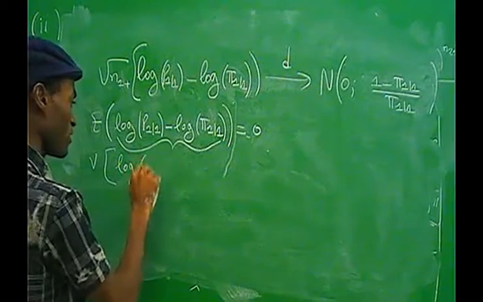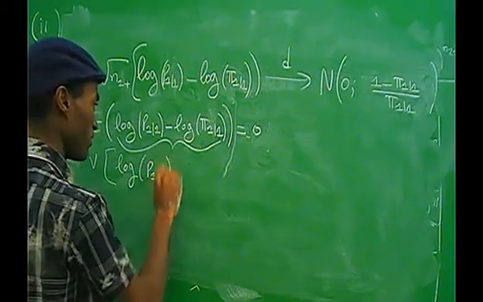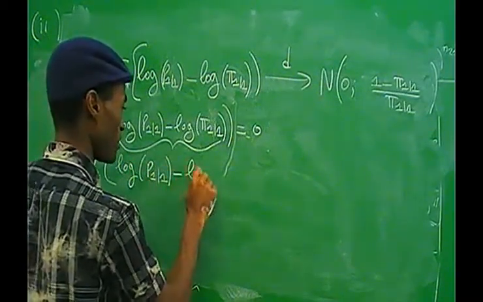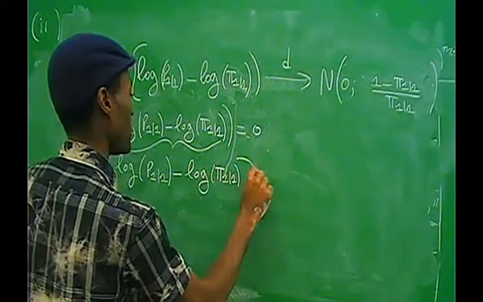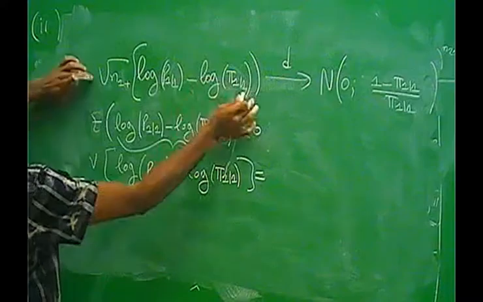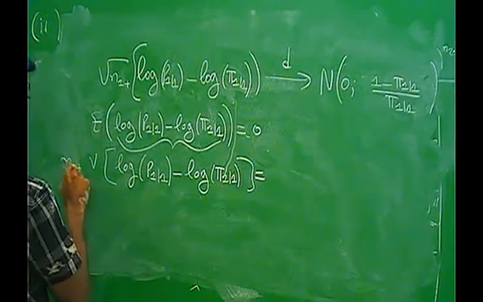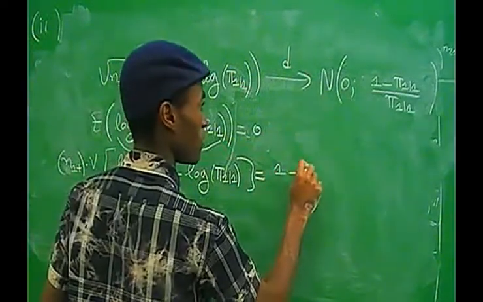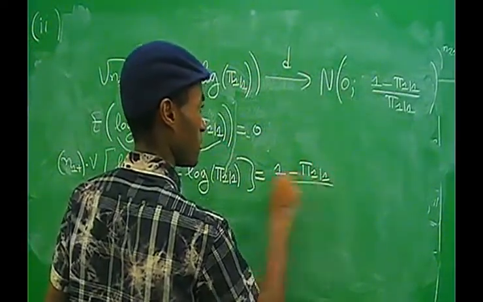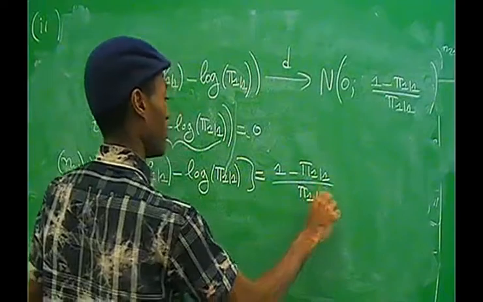Exactly. So the variance of log p_1 given 1 minus log p_i 1 given 1. So the variance of all this, we know it's going to be n_1 plus, because they are squared. Wow, I see. This is why she gets n. Exactly.